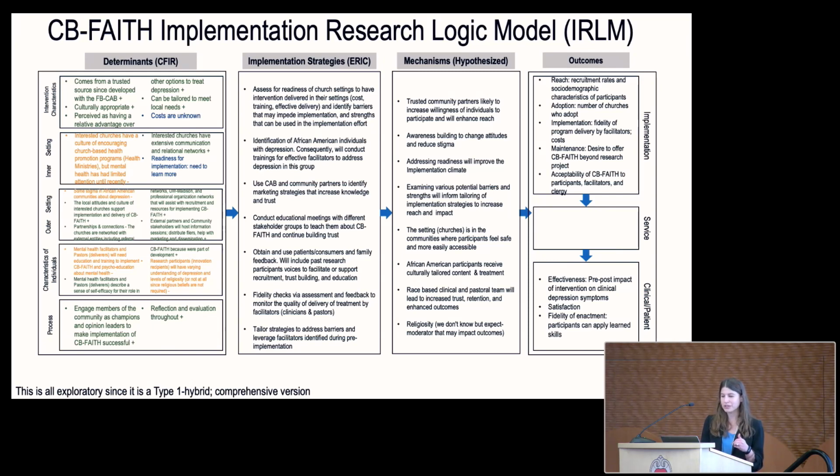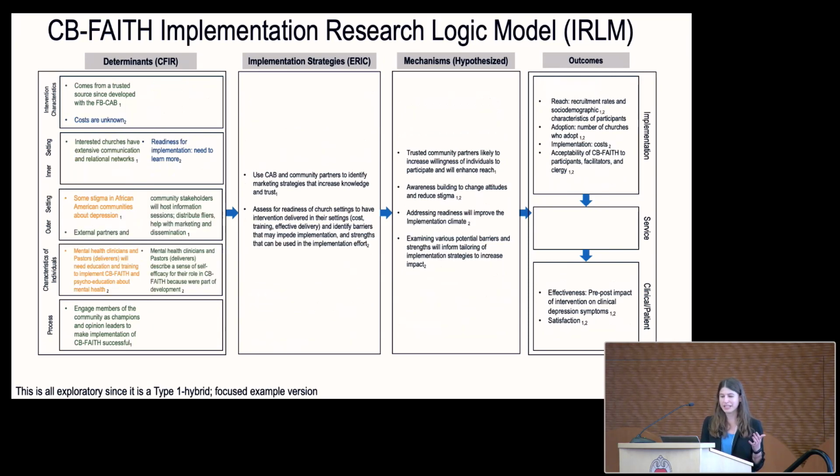What I now want to walk us through quickly is the idea of the pathways. Since the key here is understanding how these all connect, we made a more simplified version that focused on 2 key pathways that we think we will find while laying it out on the IRLM.